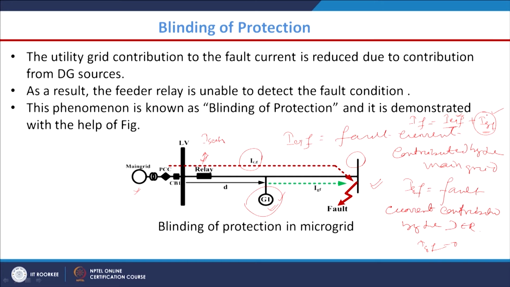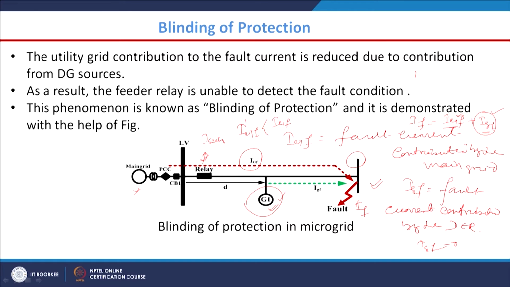As a result, the fault current IF will remain constant even if we integrate 2-3 DGs. So to meet this IF, the grid contribution, let us say IGF dash after connecting the DG, will reduce in comparison to IGF.